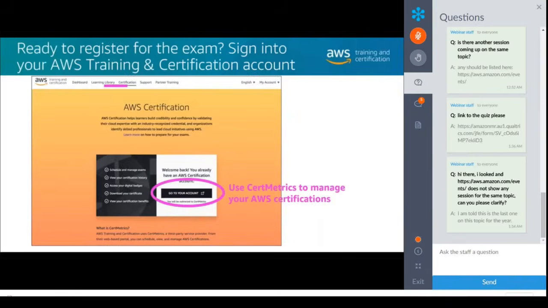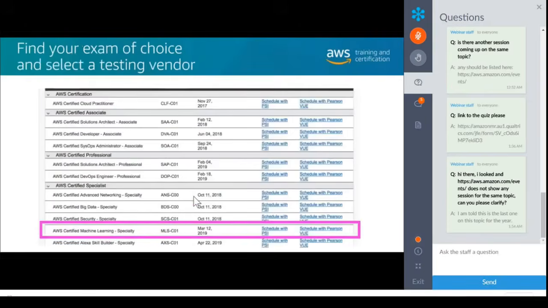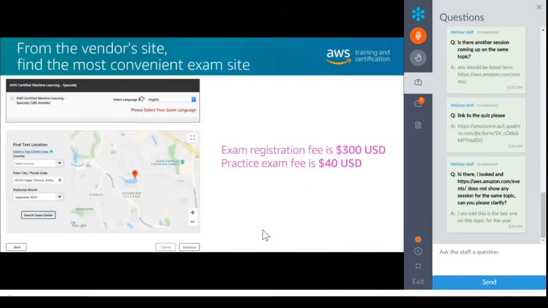Just want to point out that when you're ready to register for your certification, you log into our training portal, which is at aws.training, and you create an account if you've never done so before, but probably you already have one. So you log in, click on certification, then go to your account, and find the exam in question, which for this particular session is AWS Certified Machine Learning Specialty, and schedule, let's say, with Pearson or PSI.